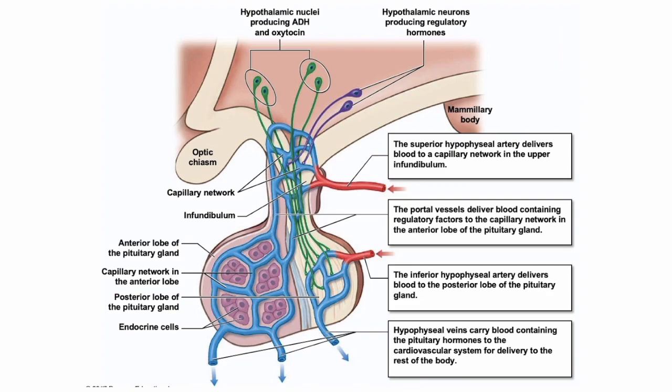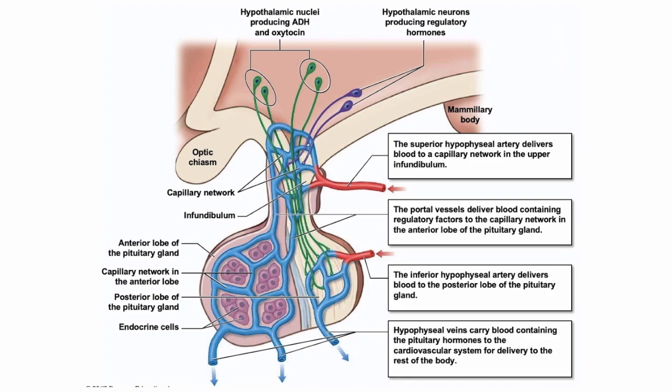So let's zoom in here on the hypophyseal portal system and see what all the components are. In this top area, we have the hypothalamus. At the bottom, we have the pituitary gland, and we can split this up into anterior pituitary and posterior pituitary. We have green neurons innervating from the hypothalamus down to the posterior pituitary.